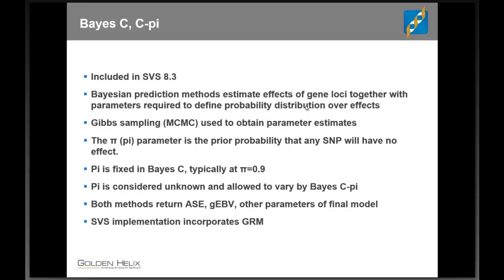So the other method that we'll look at today is the Bayes-C and Bayes-C-pi family of methods. Now, these are brand new in SVS, included in version 8.3, which was only made available a few days ago. Now, the Bayesian methods are distinctly different from GBLUP in a few different ways.